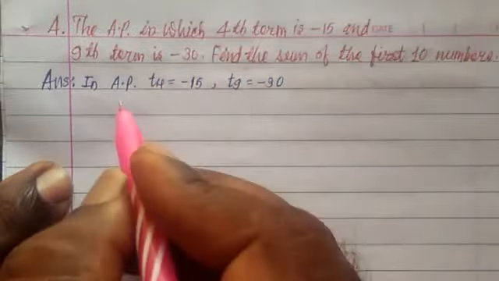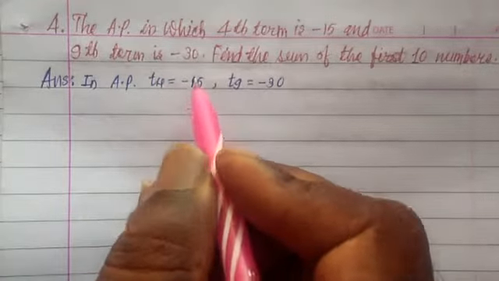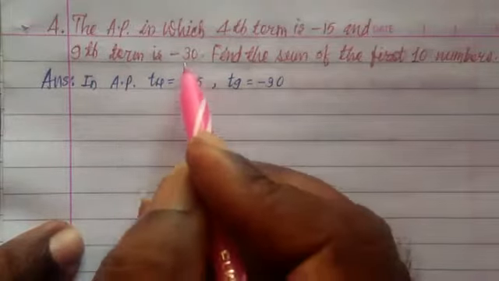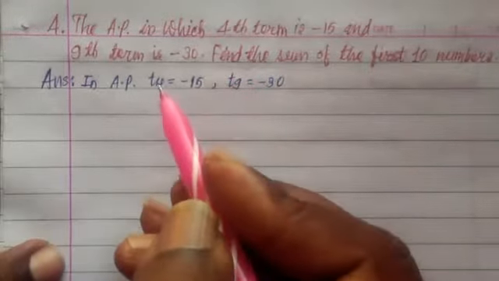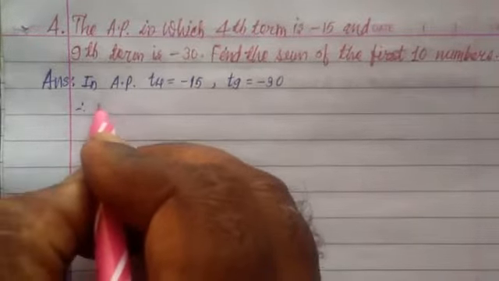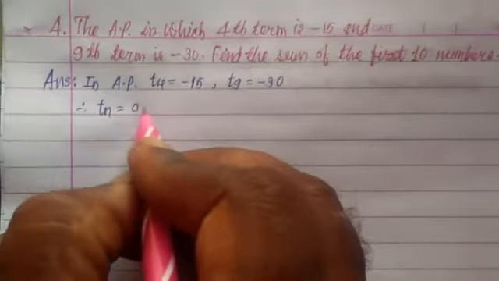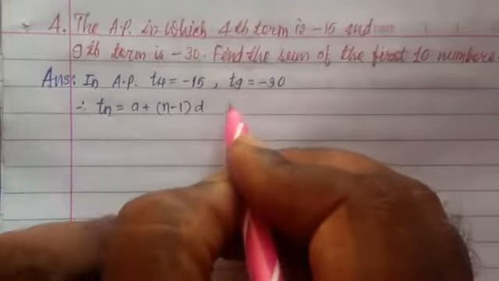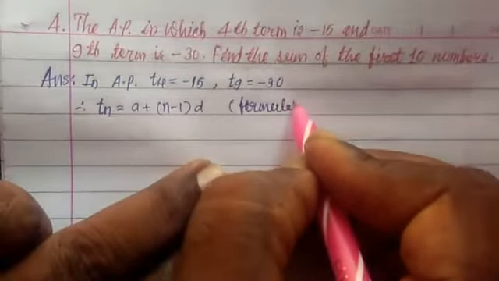Fourth term is given, means in AP T4 is minus 15, then T9 is also given, that is minus 30, and hence we can write, we know the formula Tn is equal to a plus n minus 1 into d. This is the formula.